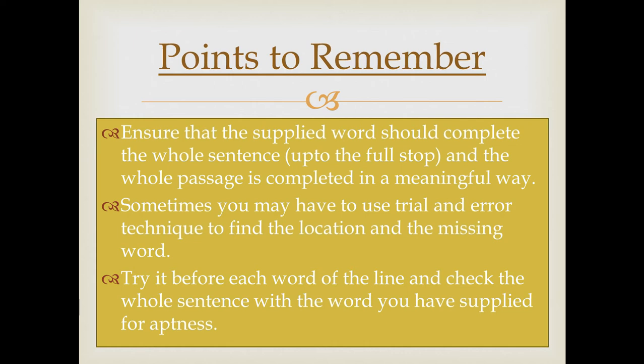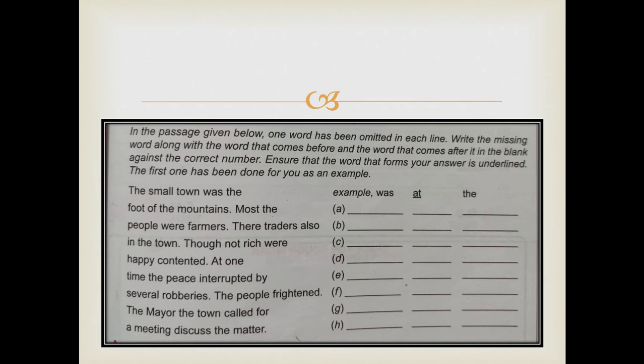Now children, we will see a solved example from the book. In the passage given below, one word has been omitted in each line. Write the missing word along with the word that comes before and the word that comes after it in the blank against the correct number.